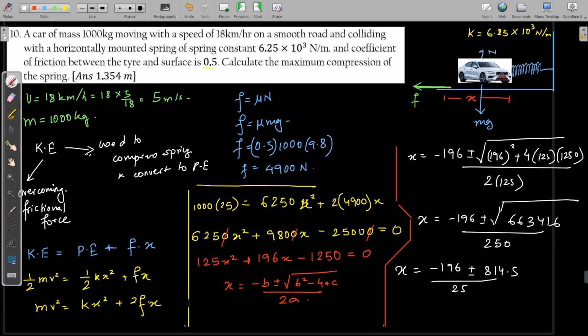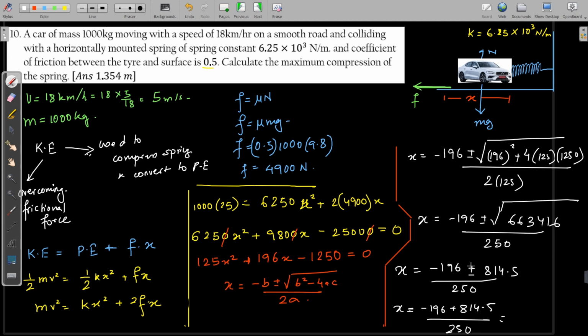814.5 by 250. See, if we take minus here, we are going to get minus x, so we don't need that, we'll take the plus one. So we are getting minus 196 plus 814.5 by 250. Why am I not taking minus? Because here x cannot be negative. The compression cannot be negative.